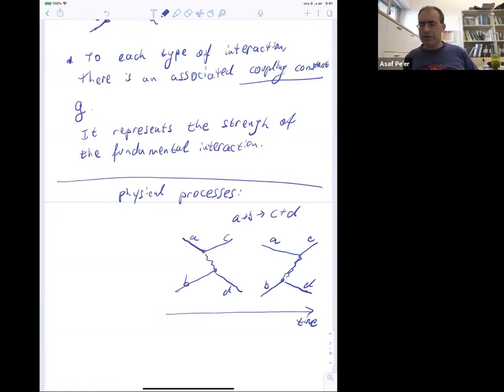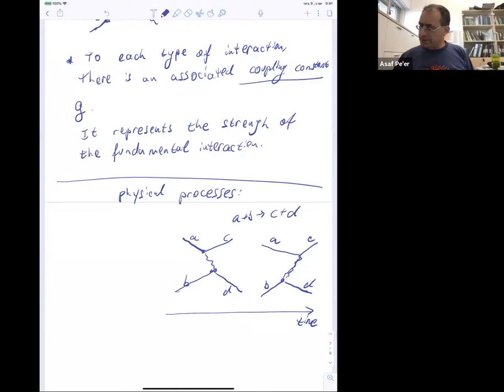Since you have conservation of various quantities in each vertex, you cannot just have an electron turned into a quark, because you have a baryon number which needs to be conserved in the vertex. We'll get to that.